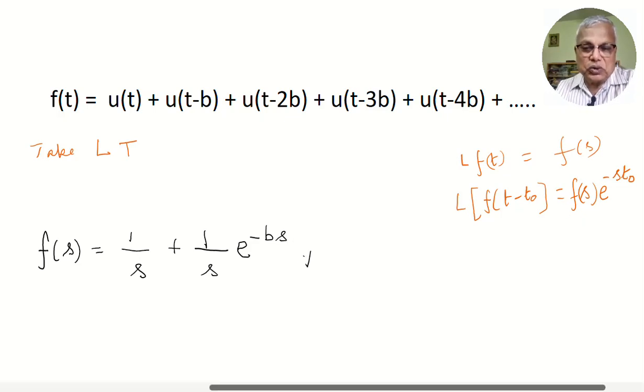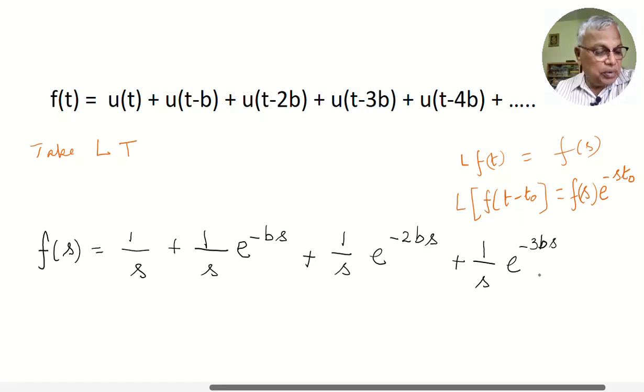Third term, 1 by s e power minus 2bs. Fourth term, 1 by s e power minus 3bs. So like that you can keep on adding.